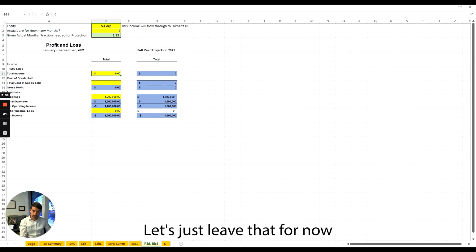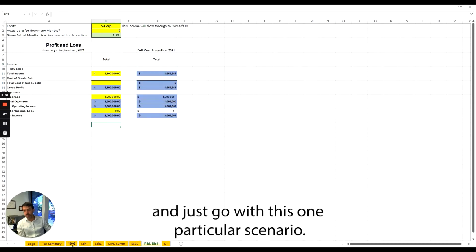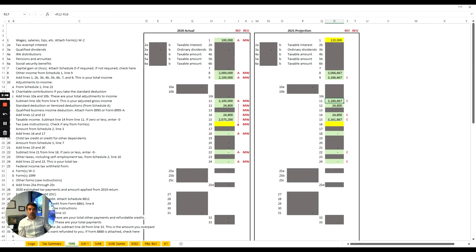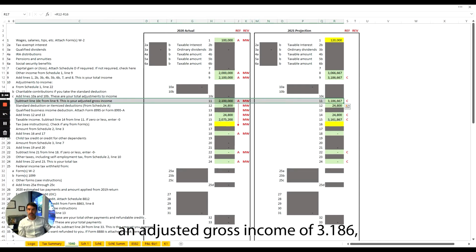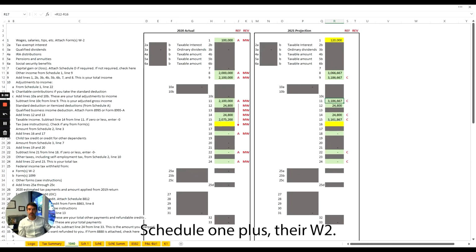So let's just leave that for now and just go with this one particular scenario. In this scenario, they're going to have an adjusted gross income of 3.186, which comes from this Schedule 1 as well, plus their W-2.